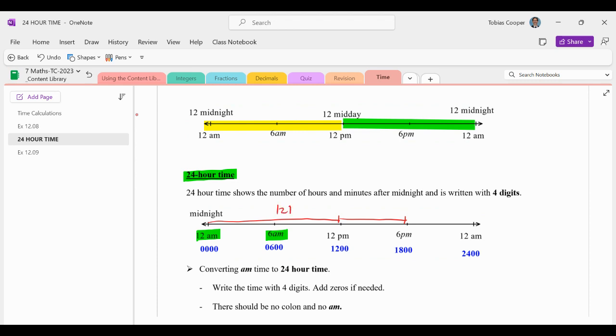So 12 hours and 6 hours is 18 hours. So the 24-hour time for 6 p.m. is 1800. And then we go all the way up to 2400, which is 12 a.m. So you might have noticed that 12 a.m. can be 2400 or 0000. So those times represent 12 a.m.